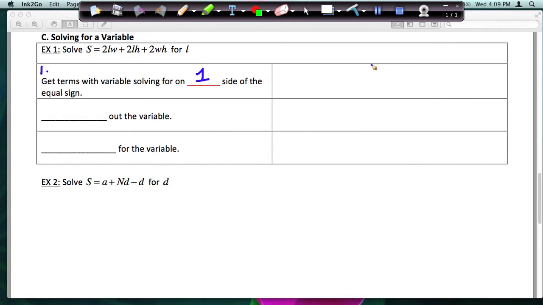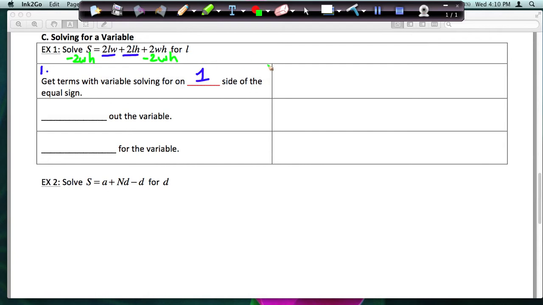So what I do is I look at my equation. Let's underline the terms that have an L in it because that's what we want to solve for. So that's these two, which means I want to move this 2WH over to the other side. So I get these two underlined terms by themselves. So that means I would subtract 2WH from both sides of the equal sign.